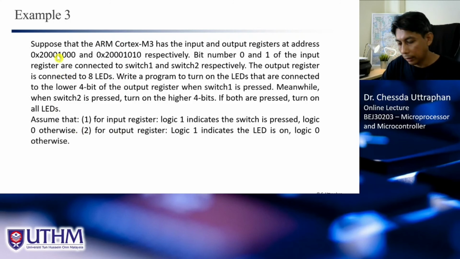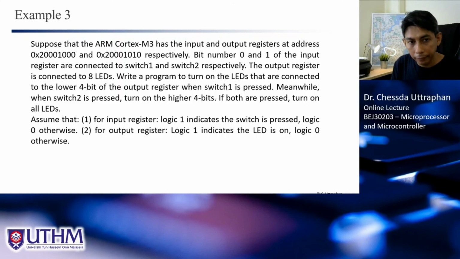Now we have learned how to write the program for the microprocessor already, and the program that we write is to manipulate the data within the processor and the memory, means within the resources that stay inside the microprocessor.